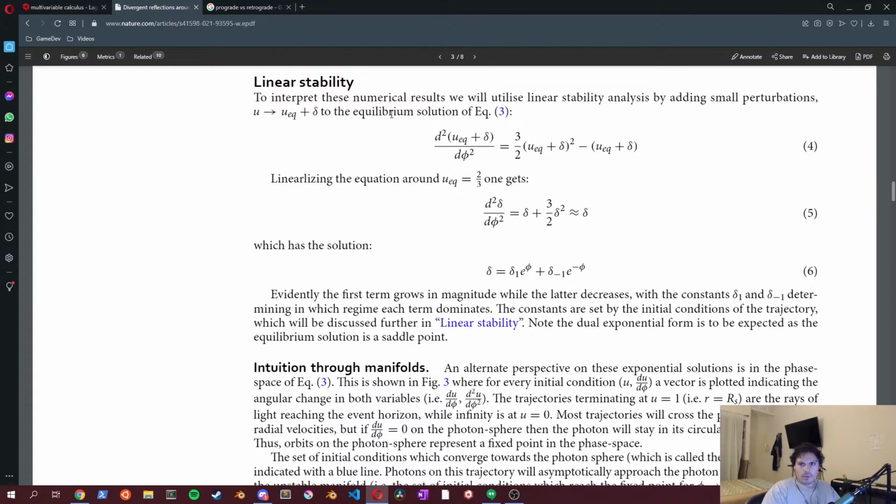To interpret these numerical results, we will utilize linear stability analysis by adding small perturbations, u going to the equilibrium u plus some delta, to the equilibrium solutions of 3. Okay, so they're just going to replace u by some equilibrium value plus a small parameter, and then set the derivatives of the equilibrium value to 0, and rewrite this equation in terms of just the small parameter.